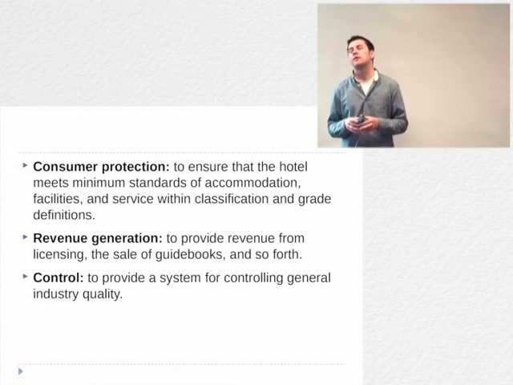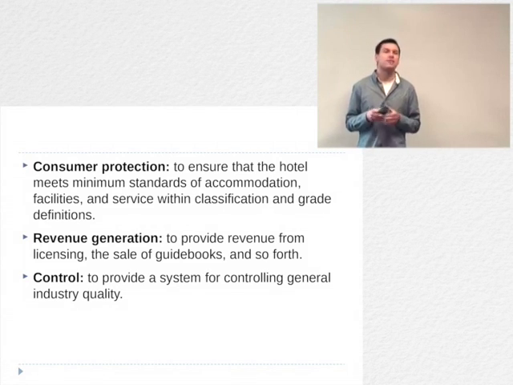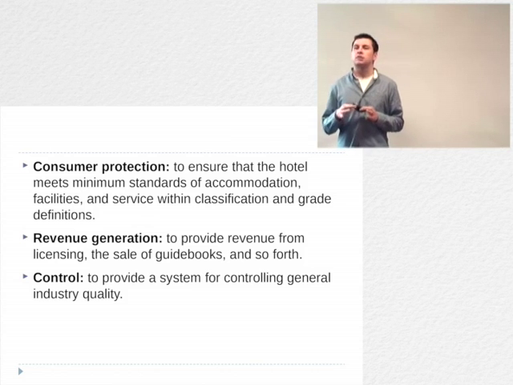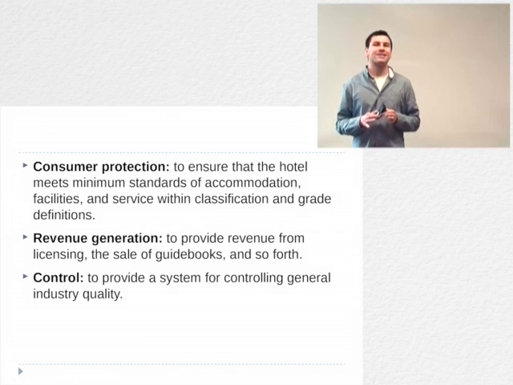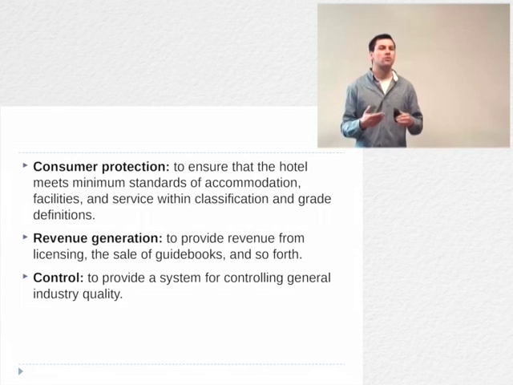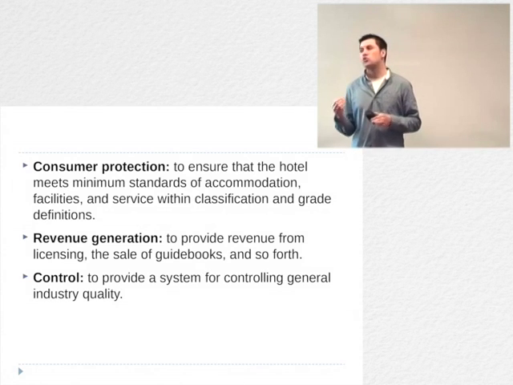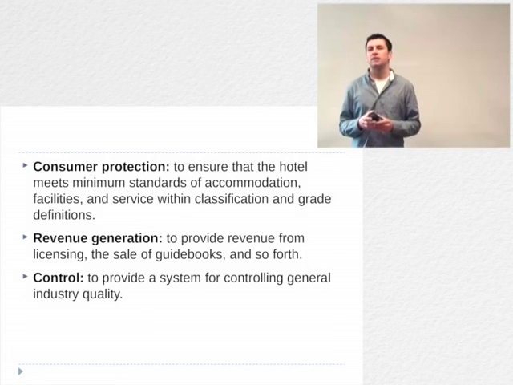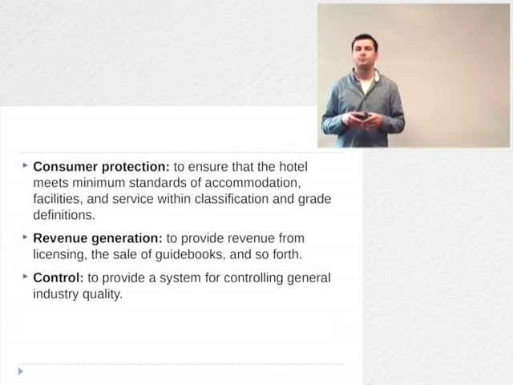This is to ensure that the hotel meets minimum standards of accommodation, facilities and service within classification and grade definitions. Revenue generation is to provide revenue from licensing the sale of guidebooks and so forth. Control. This is to provide a system for controlling general industry quality.